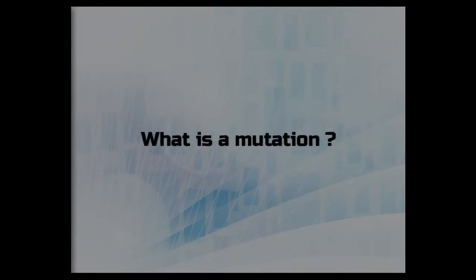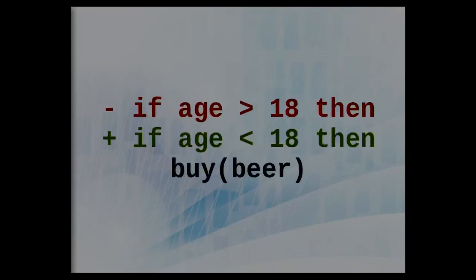But first I need to explain what a mutation is. A mutation is usually a very small change in the software which somehow changes the behavior of the software. Mutations can come from comparison operators and if statements. If we take the example on the screen, the mutation is replacing the greater than operator with a less than operator.